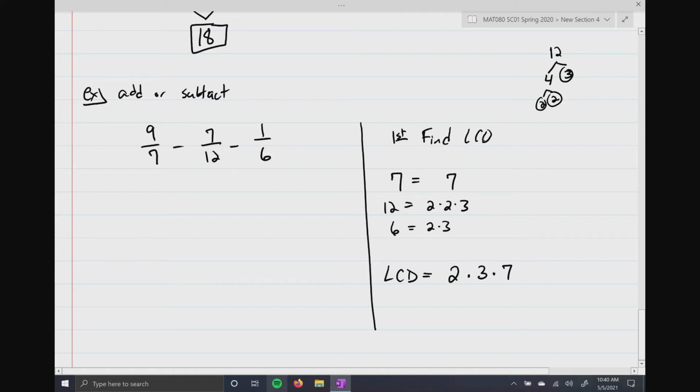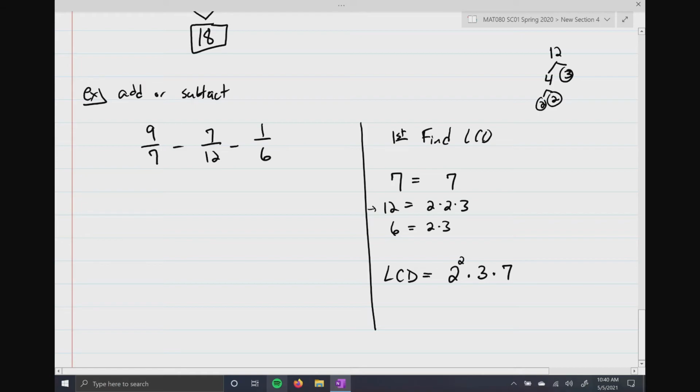The question becomes, what are the exponents? I'm going to look at the number 2 first, and I find the maximum number of 2's in any one of the prime factorizations. In the number 12, I actually have 2 of the 2's. That's the most. So that's going to be 2 to the second power. Now for the number 3, I only see one 3 in the factorization of 12 and one 3 in the factorization of 6.